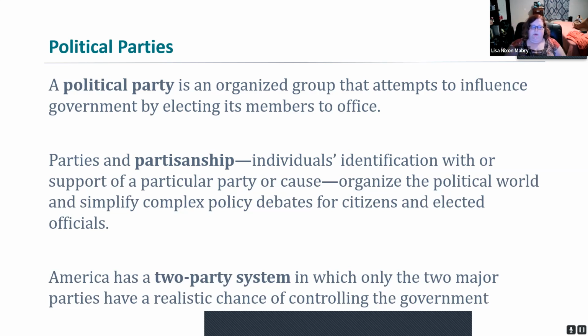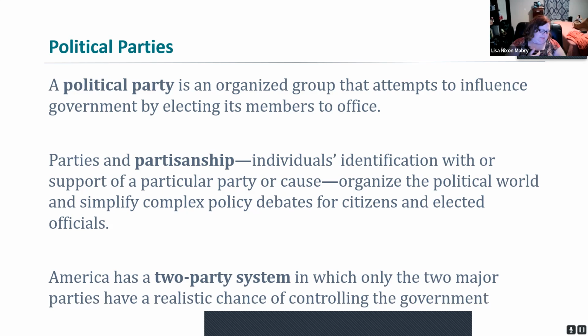It helps organize the political world and simplify complex policy debates for citizens and their elected officials. So like packaging it all up in a nice, neat bow and presenting it to the people and saying, hey, here's how we feel. If you agree with us, then come on over.